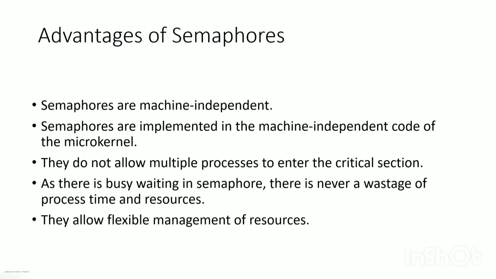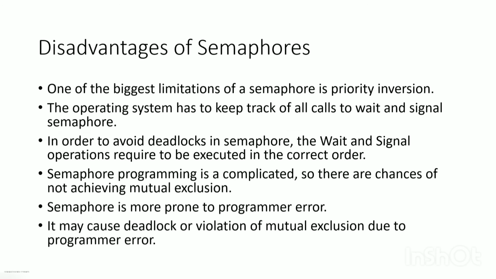As there is waiting in semaphore, there is no wastage of process time and resources. Mostly, when a process comes and tries to access a semaphore that is not free, it will wait, so there is no time wastage. They allow flexible management of resources. That is the biggest advantage.